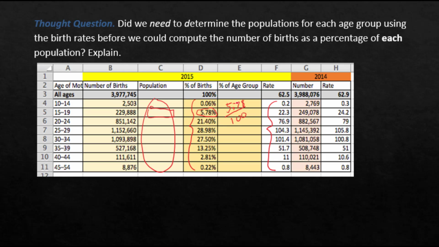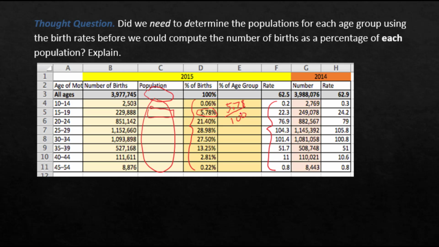You can see that, right? Births for 15 to 19-year-olds, 5.78 per every 100. And I have then how many women, 15 to 19 per 3 million total births, but I don't even have the population.